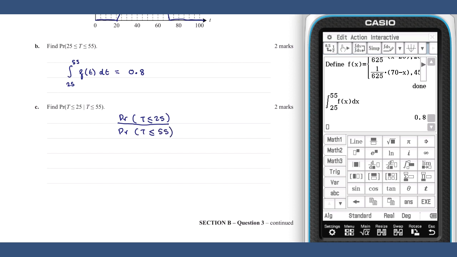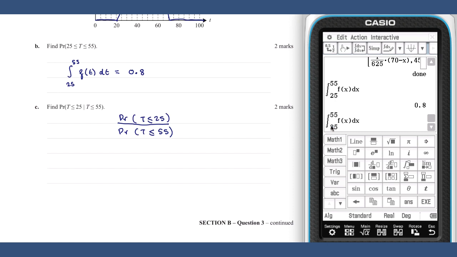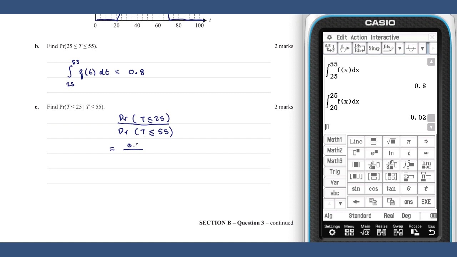And this can also be done by calculating definite integrals. With these two probabilities calculated, the required answer can be computed.